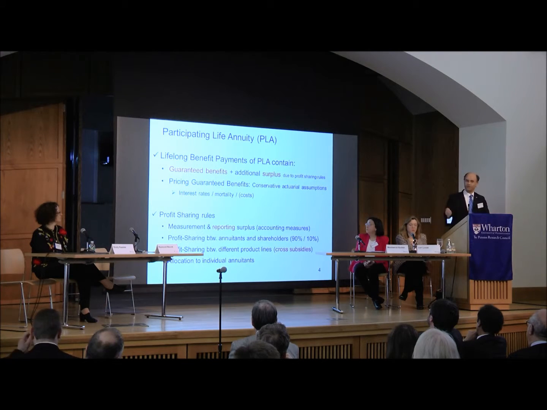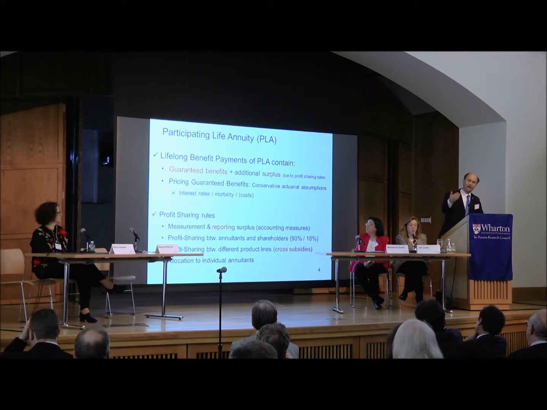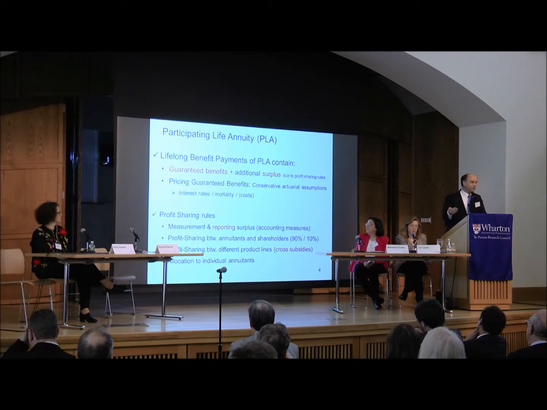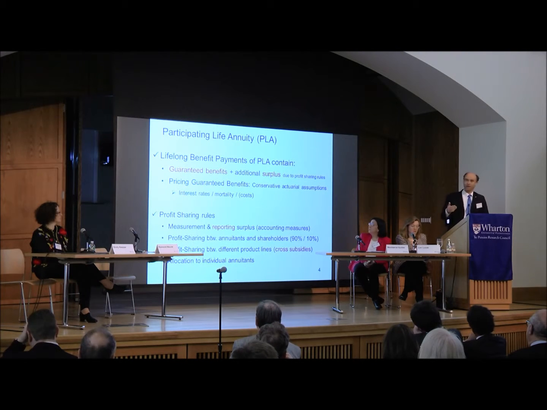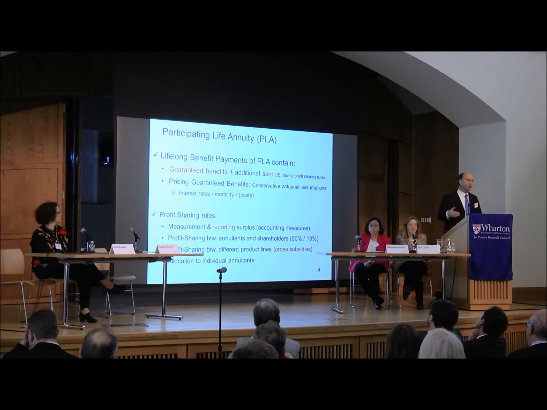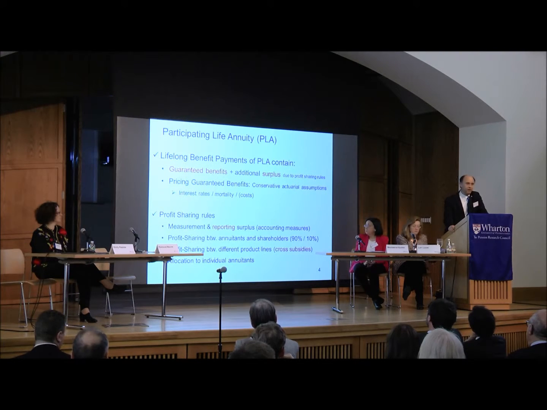So let's assume you have a situation in the capital market where you have an interest rate of 4%. Then they calculate the guaranteed benefit maybe by using an interest rate of only 3% or 2% or 0%. With the mortality table, they use mortality tables with a high risk charge. So the guaranteed benefit is calculated on relatively conservative actuarial assumptions, meaning that for a given premium, the guaranteed benefit is low, or if you have a high guarantee, the premium is high.